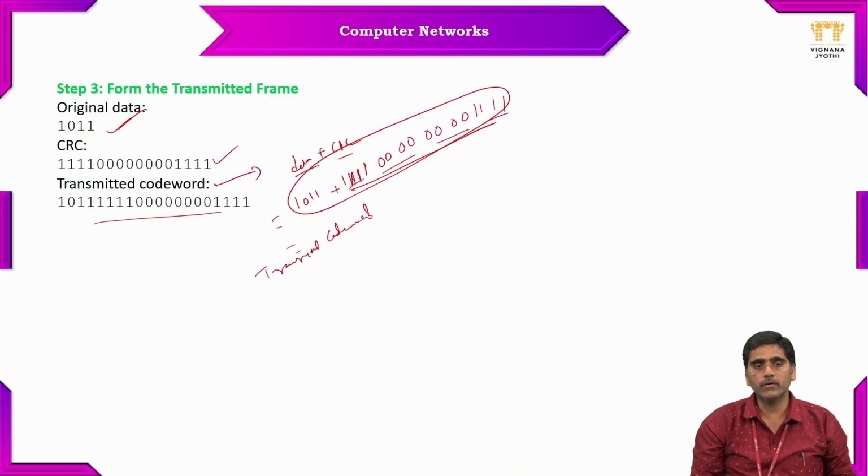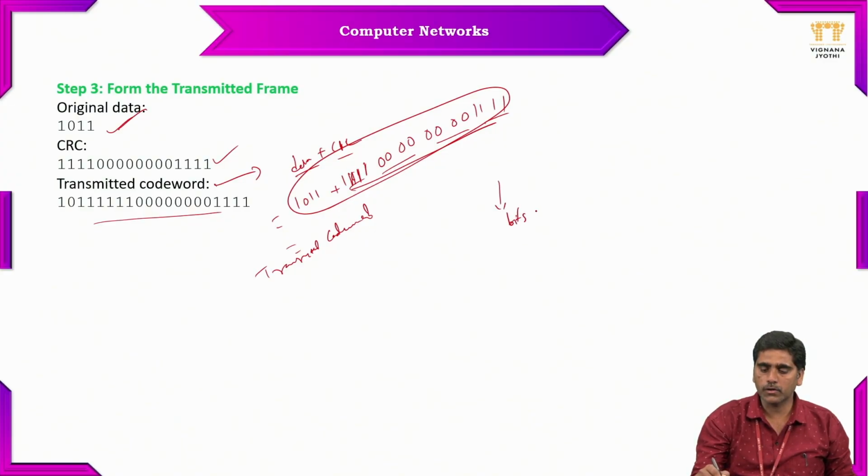This is the way you compute the CRC 16 process. The thing here is that you need to get all the bits into the sequence.